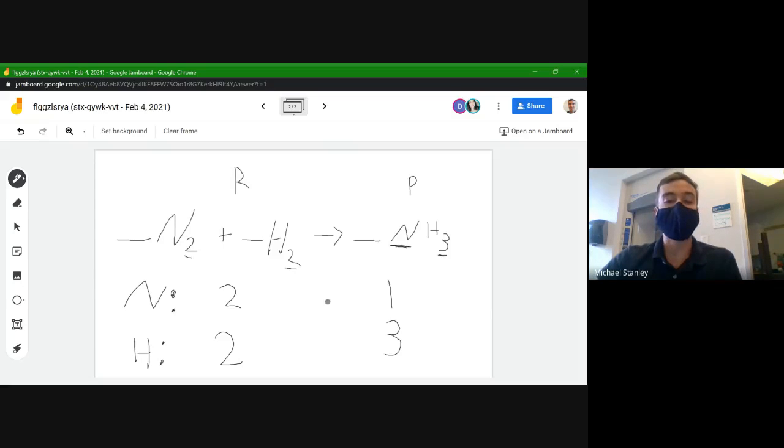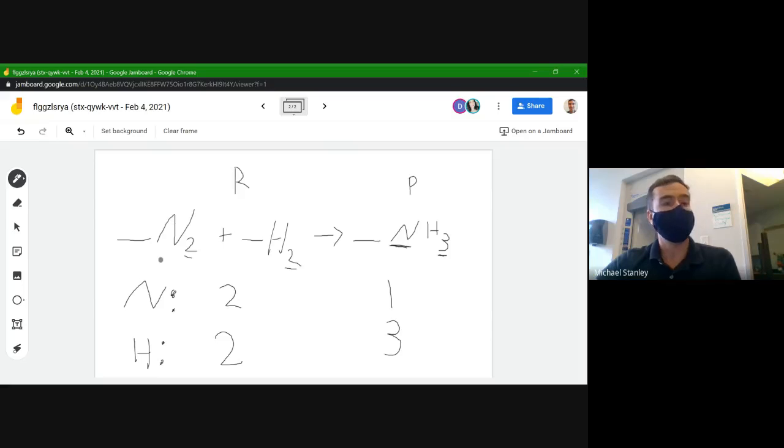On these ones, where it's kind of hard to figure out which one to start with first, I usually like to start with the ones that have the smaller overall numbers. N is 2 and 1. H is 2 and 3. So N's overall are smaller. So I think that'll be a good place to start with our balancing.